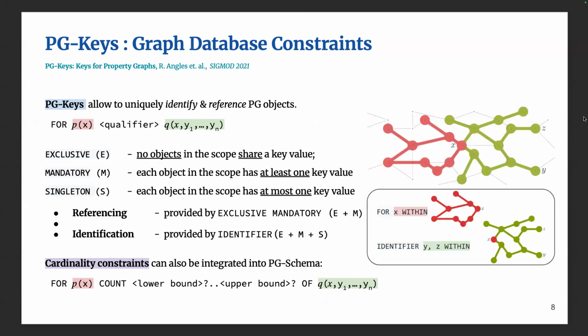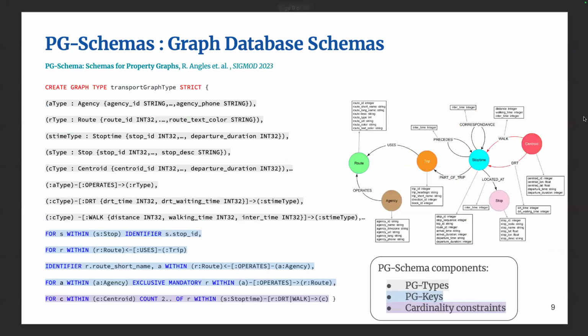Okay, and what can we do more? Well, we can also have cardinality constraints. Basically, the qualifier can have a count, with lower and upper bounds. And if we put all of this together and we include typing of the property graph, we have a property graph schema. I'm omitting a lot of more complex features, in particular of the typing and of the enforcing of such a property graph schema.